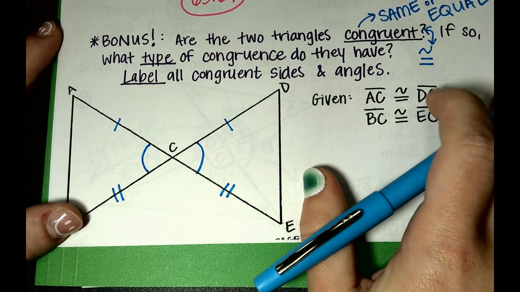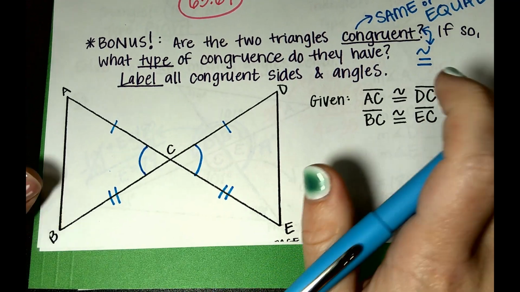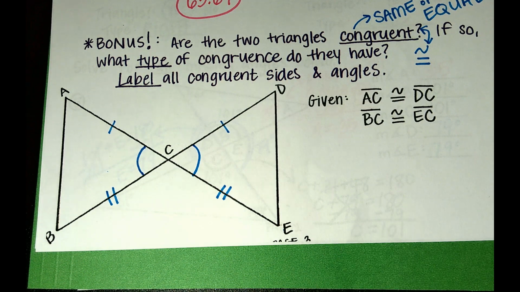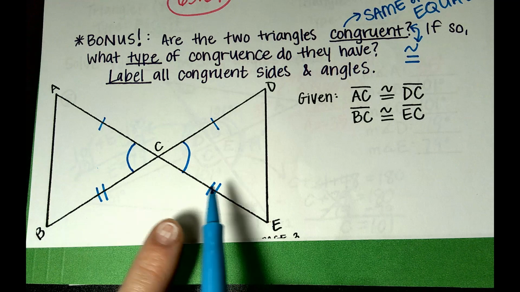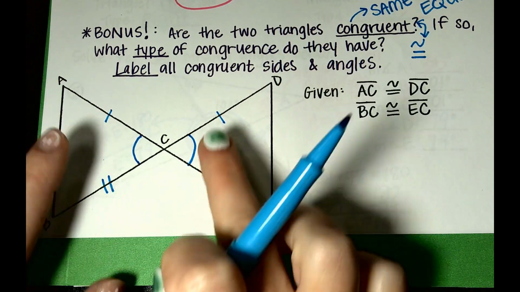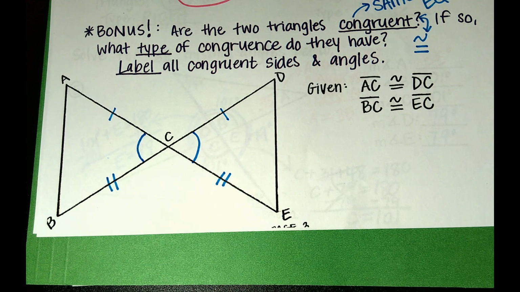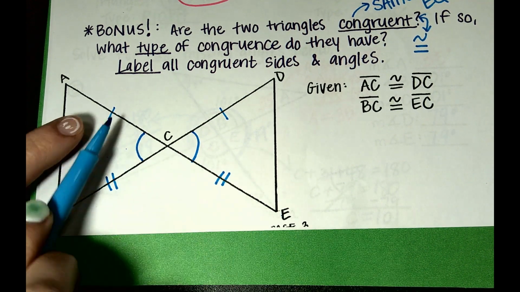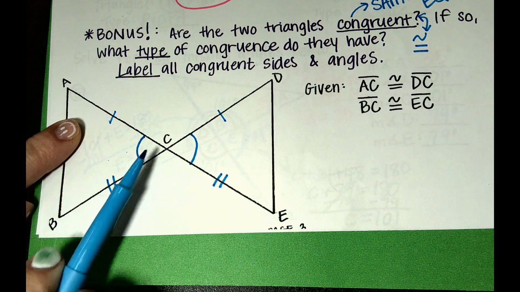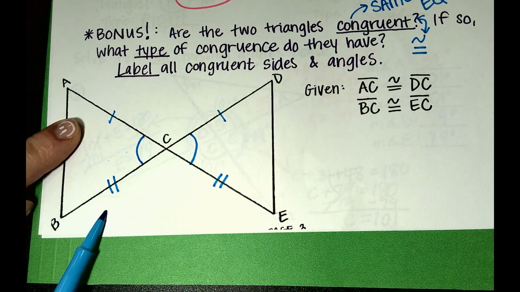This could go into like a whole lesson, guys. Proving congruence is like a year-long lesson. It is so difficult. So we're not going to get too into it, but the type of congruence these two triangles have is that they have a side, an angle in the middle, and another side, okay?